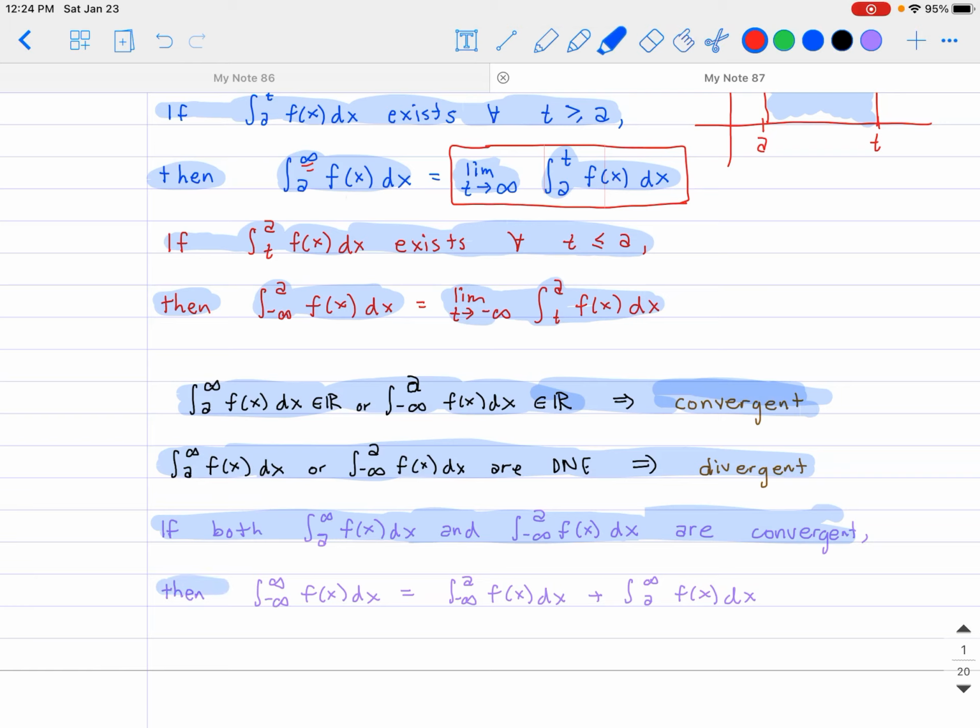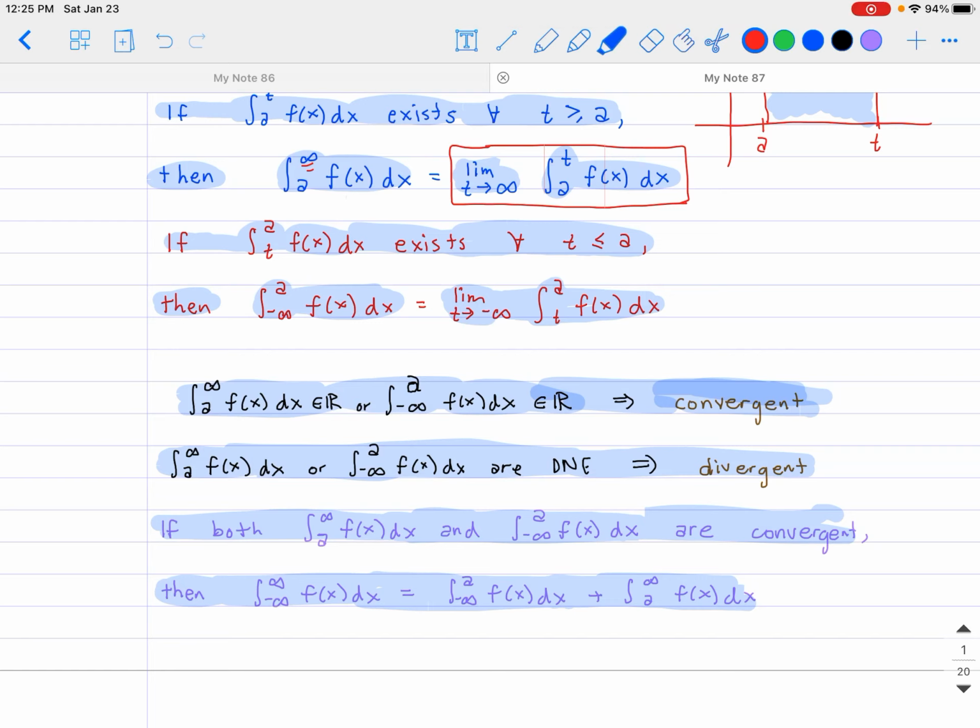Then what that means is you can use this as a replacement. The area under the curve from negative infinity to positive infinity can be broken down into negative infinity to a of f(x) dx plus a to infinity of f(x) dx. So you can actually break it into two parts. Then we can go ahead and apply the limits.